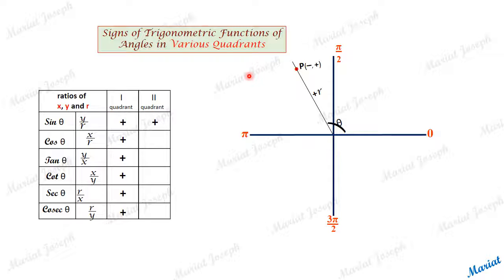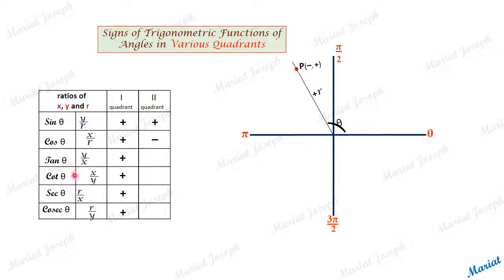So sin theta is y by r, y coordinate positive upon r positive will be positive. But cos theta is x by r, x is negative and r is positive, so negative upon positive is negative.